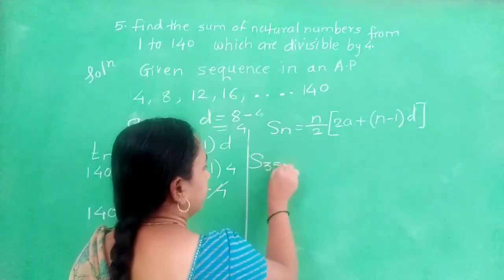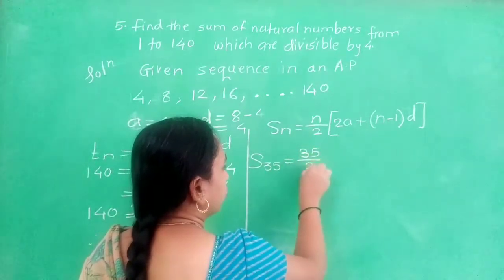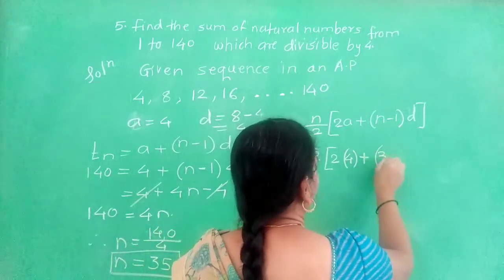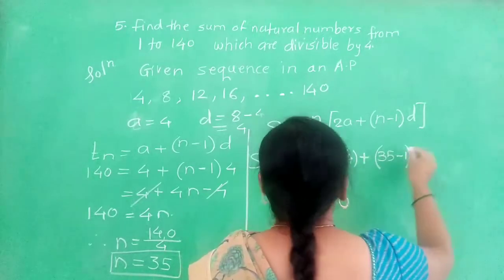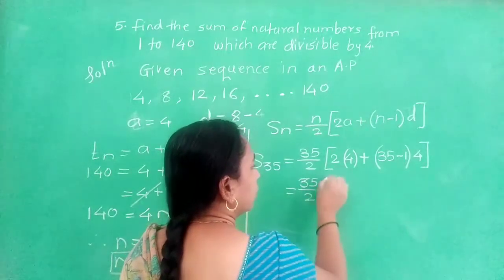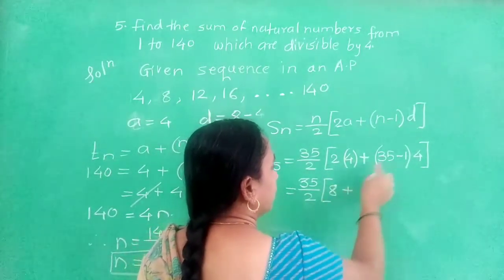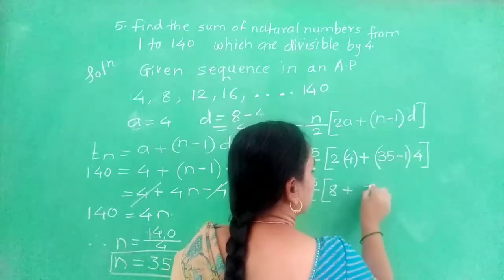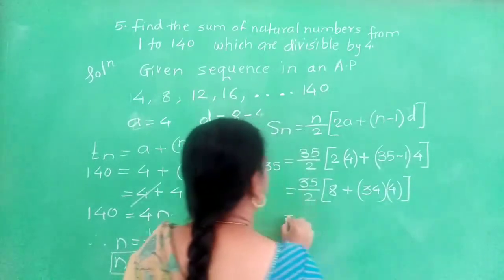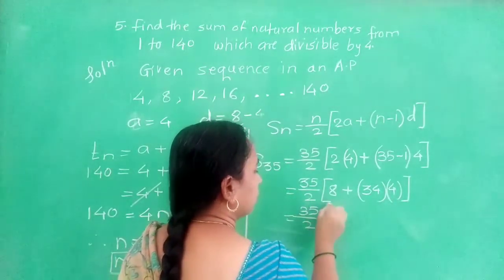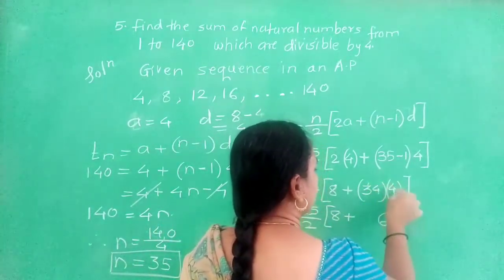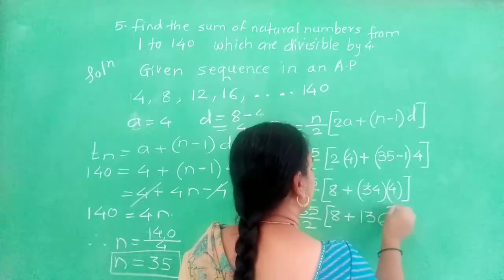So S35 is equal to 35 upon 2 into 2 into a's value, which is 4, plus n, we have got 35, minus 1 into d, which is also 4. 35 upon 2 into 2 fours are 8 plus 35 minus 1 is 34 into 4. So we have got 8 plus, multiply this, 4 fours are 16, 4 threes are 12 plus 1, 136.